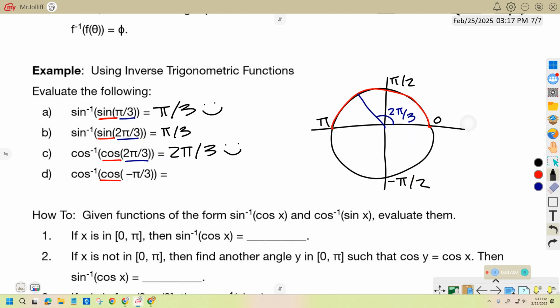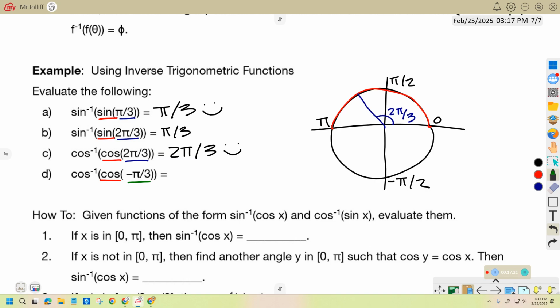Okay, I'll use a different color for the next one because I don't want to have to erase and redraw. Negative pi over 3. When we measure angles, we always start at positive x. What does the negative sign tell me? Which way do I go, down or up? Down, yeah, because normally we start here and go up.